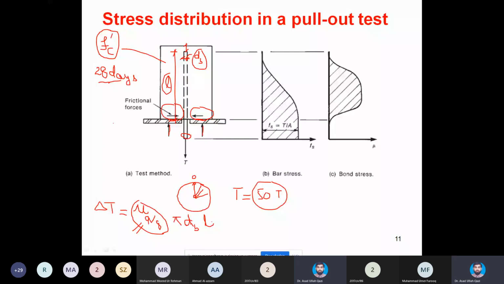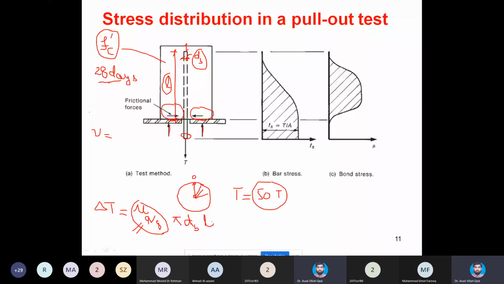So your Poisson ratio, lateral strain over axial strain, will not be freely allowed, and crack opening and widening will be restricted. While in reality, we learn that in all beams, when the bar is in tension, concrete is also in tension. So the environment around the bar is not as conducive as it seems to be in this pull-out test. So this is not a good simulation of reality.